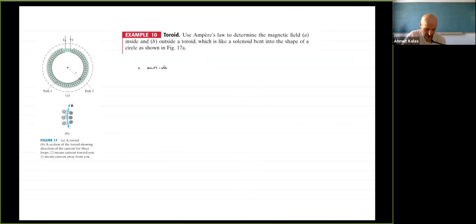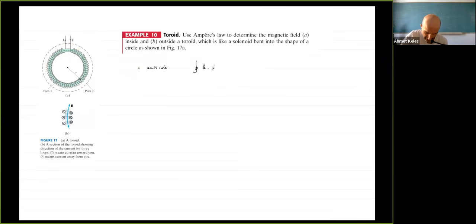And for that, I want to use this path 2. Let's choose a path like this. And I want to ask you, what is the net enclosed current in this path? Zero, right? So, okay, thank you. Maybe I can write it like this.